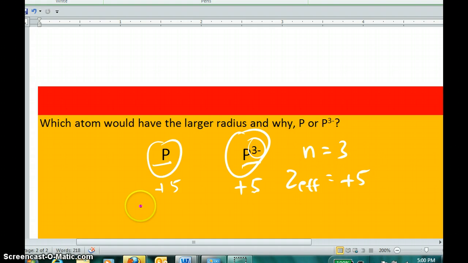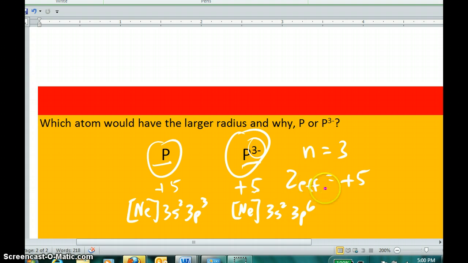So about the only difference we can see is that phosphorus does have neon's core, 3s2, 3p3 as a configuration, and the phosphorus anion has neon's core, 3s2, 3p6.